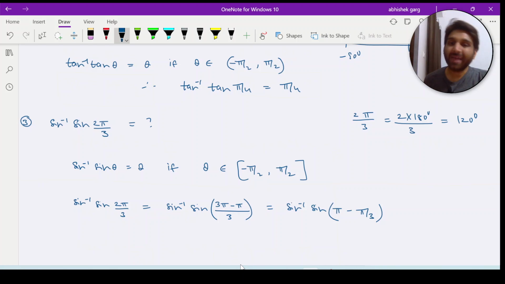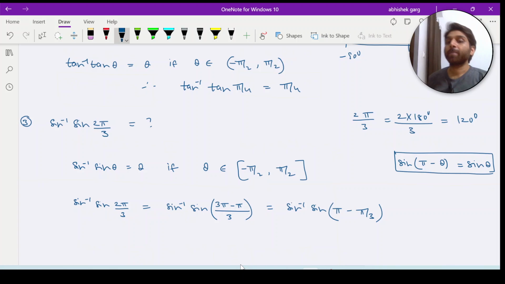Now in class 11th we learned that sine pi minus theta is equal to sine theta. How do we get this? This is basically because of the fact that this is 0, this is pi by 2, this is pi, this is 3 pi by 2, and this is 2 pi.